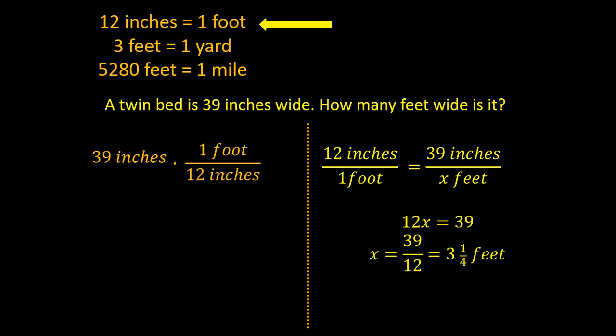So we haven't really changed the value of the 39 inches by multiplying by this fraction. In this method, we can cancel out our units, and the units we're left with are just the feet. So we have 39/12 feet, which once again is 3 1/4 feet.